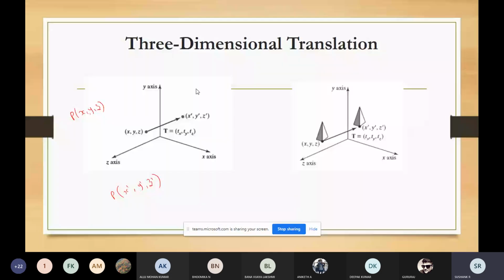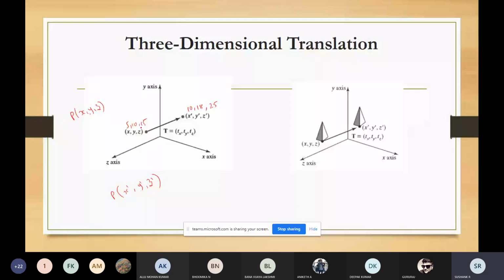So how do I get this? For example, assume that this is represented by 5, 10, 15. I want to move it to some location like 10, 18, 25. My initial position is 5, 10, 15 and the final position is 10, 18, 25.